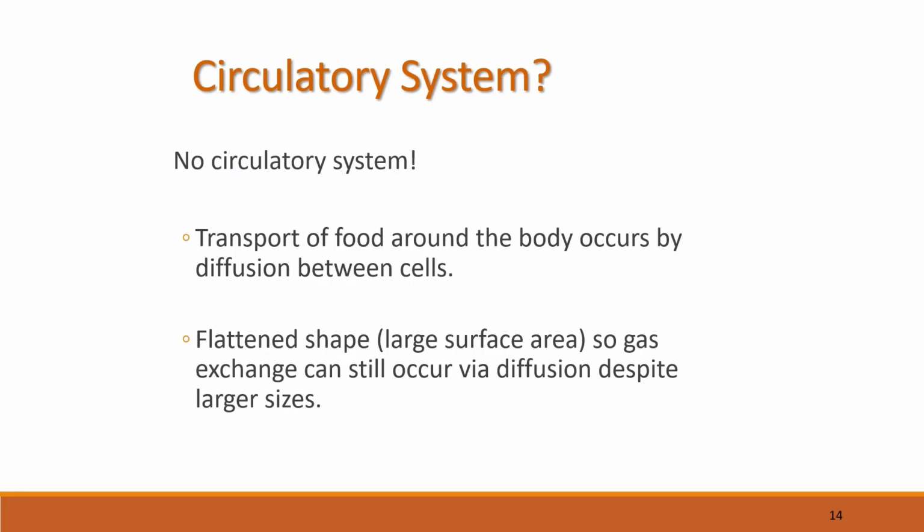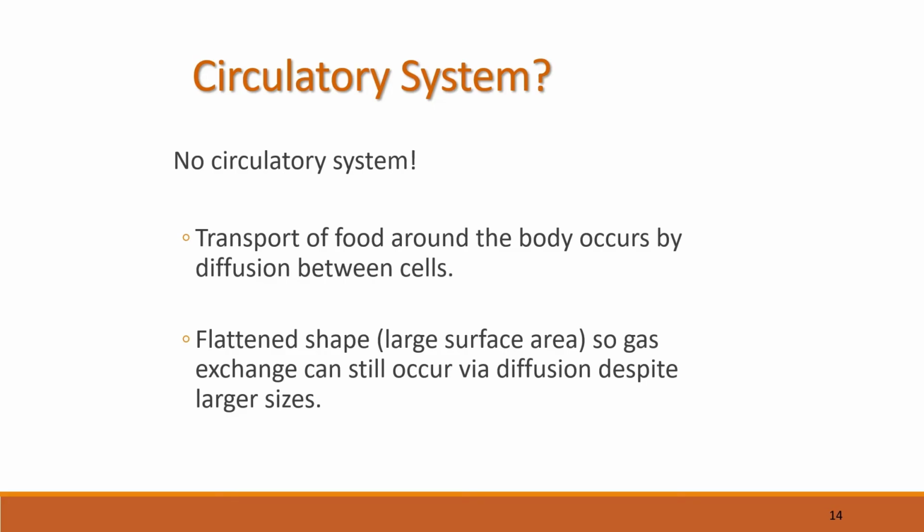So the flatworms have this relatively simple body plan. One thing they don't have is a circulatory system. They rely on diffusion between cells for nutrient transport. And diffusion is quite rapid at cell and simple tissue levels, but it's slower over greater distances as diffusion is proportional to the square of the distance.